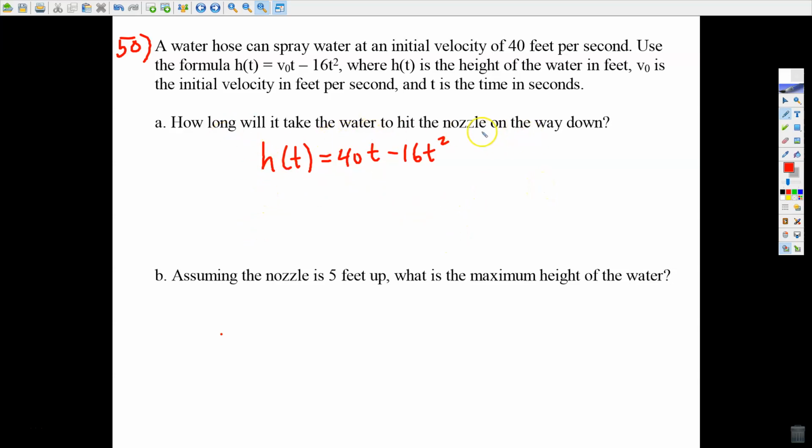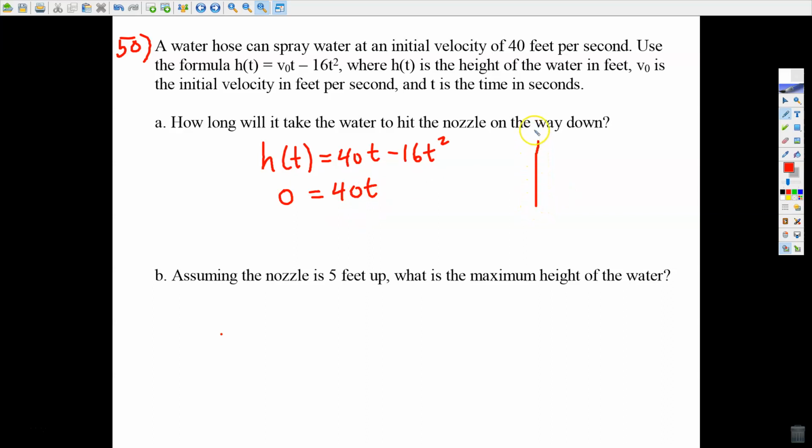How long will it take the water to hit the nozzle on the way down? So in other words, it shoots up, and obviously because of gravity, it's going to come back down. So when it comes back down, it's at height 0. So solve for how long it takes. There's really going to be 2 times because initially it's at 0. And so you're going to get a t of 0 when it's at 0 feet high after 0 seconds.